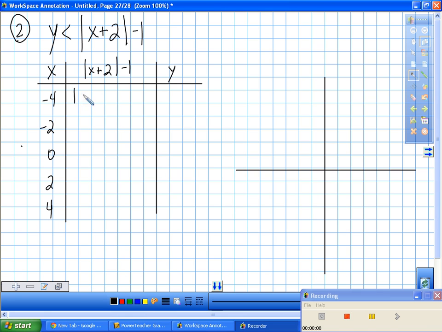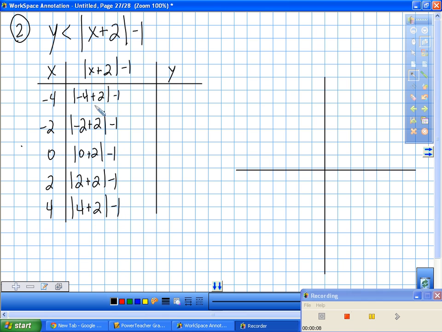So I substitute x. -4 plus 2 minus 1, absolute value. -2 plus 2 minus 1. 0 plus 2 minus 1, 2 plus 2 minus 1, and 4 plus 2 minus 1.